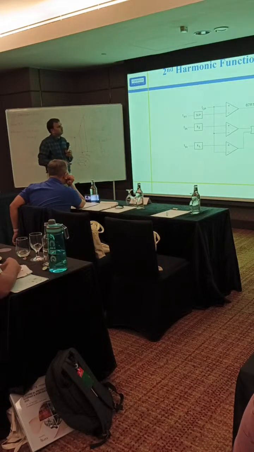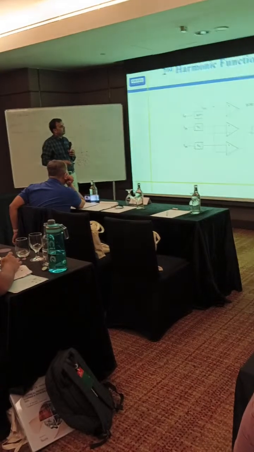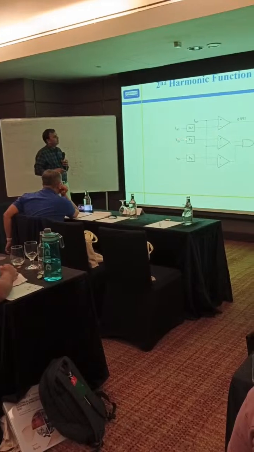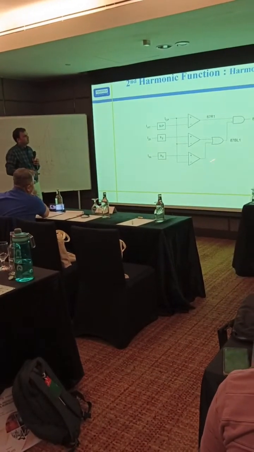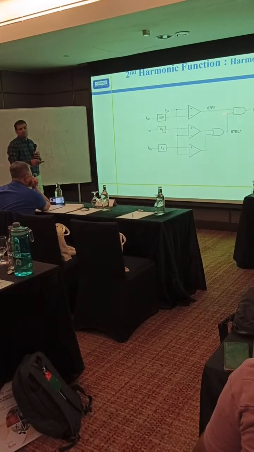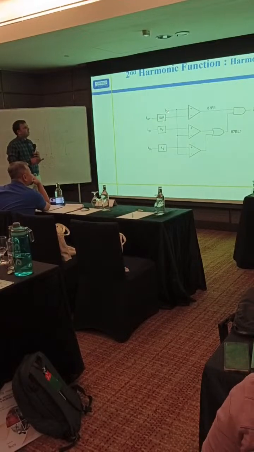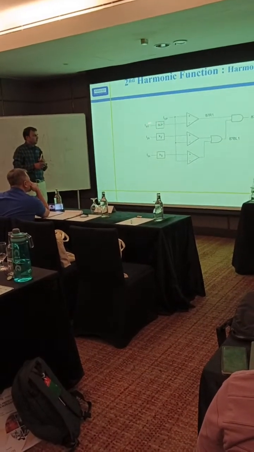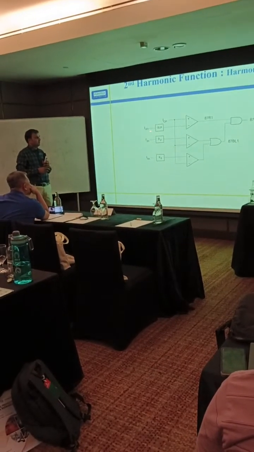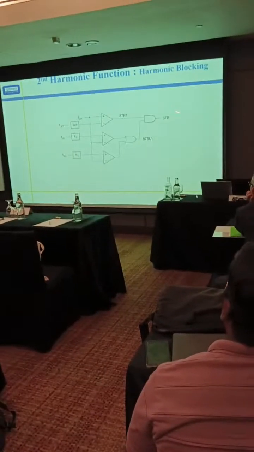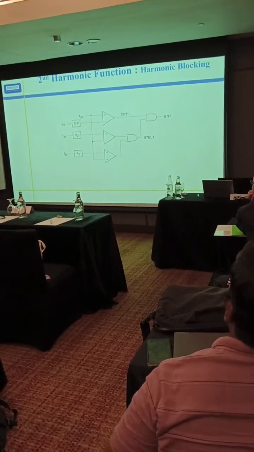Here you can see this is a blocking. If there is no harmonic current, then this will be 0. 0 means this is an AND gate. This will be 1 as soon as the operating current calculated in the relay is more than the set operating current, it will give this command and the relay will operate.